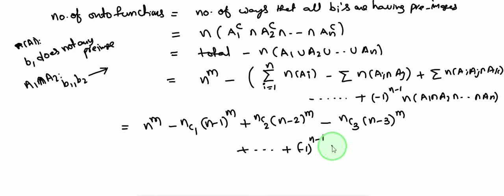That means all elements of M are mapped to only one element, so that is only 1 power m, that is (n minus (n minus 1)) raised to m. So this is the last term, and this is nothing but the number of onto functions.